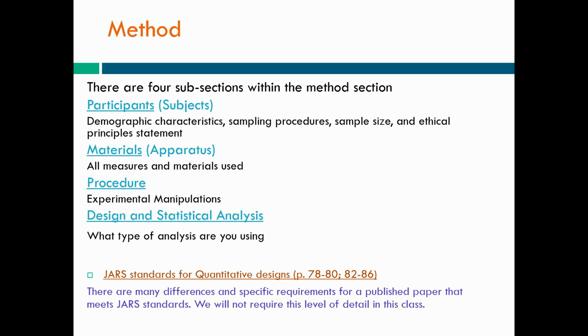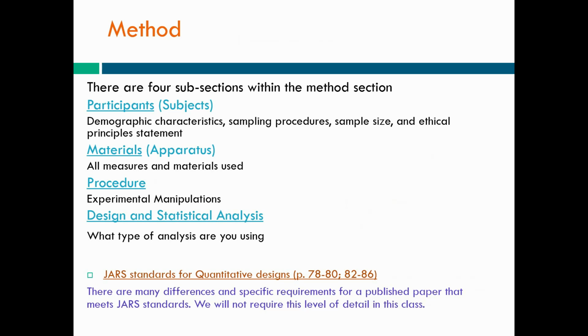This is where you detail what the participants did. So keywords would be: first, participants were presented with informed consent. Then participants completed the questionnaire. After that, participants were debriefed, and so on and so forth. So it's detailing actions.